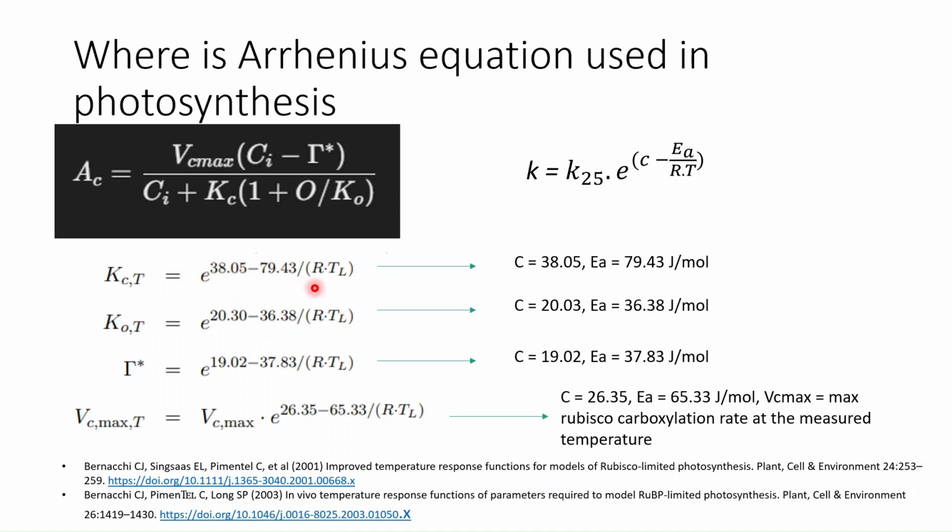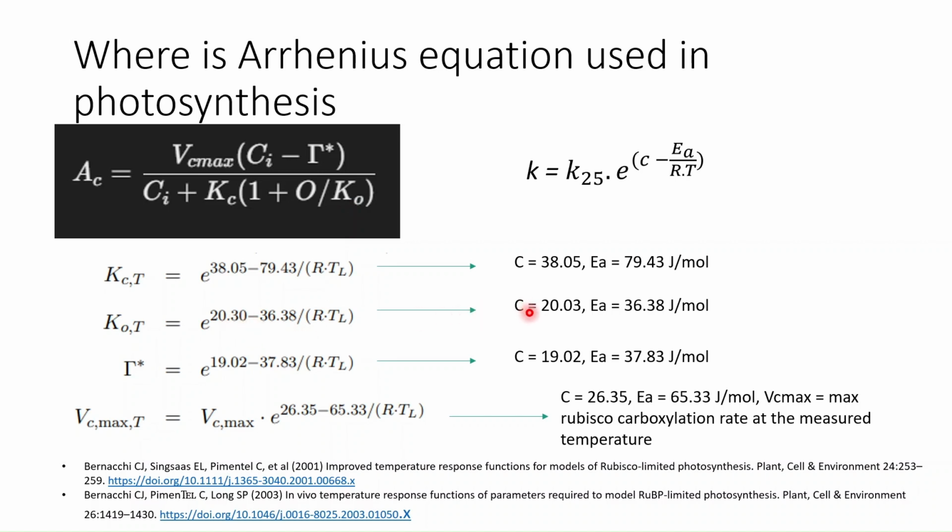So here this is the scaling parameter, this is the activation energy, and R into the temperature term, and for any temperature we can use this equation to find out the value of the Michaelis-Menten constant. The same applies for the Michaelis-Menten constant for oxygenation.